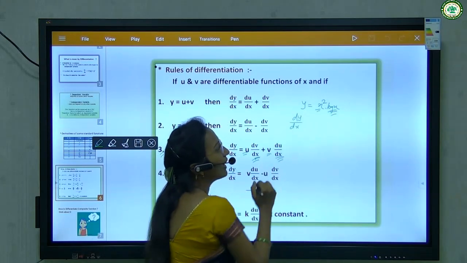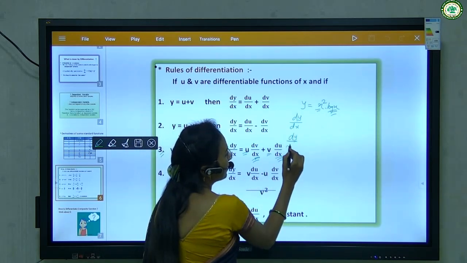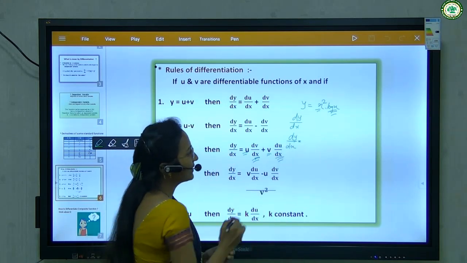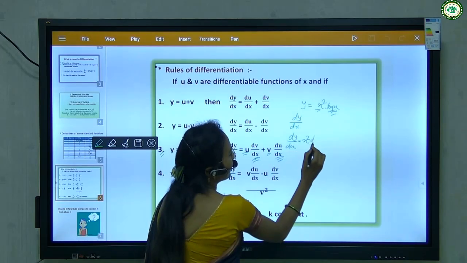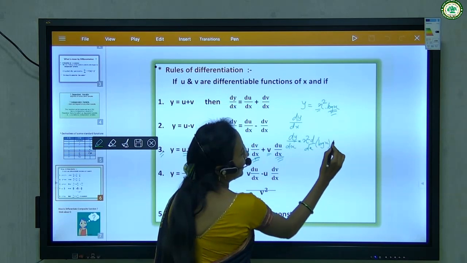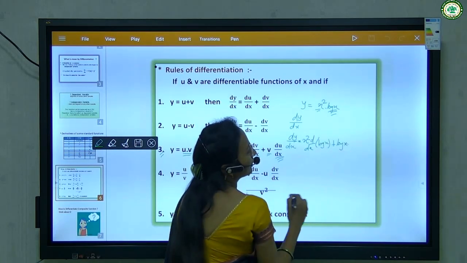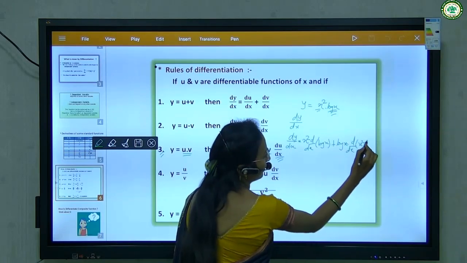Now differentiating y with respect to x, we get dy upon dx is equal to first function into derivative of second function, means x square into d by dx of log x, plus second function, means log x into d by dx of first function, that is x square.